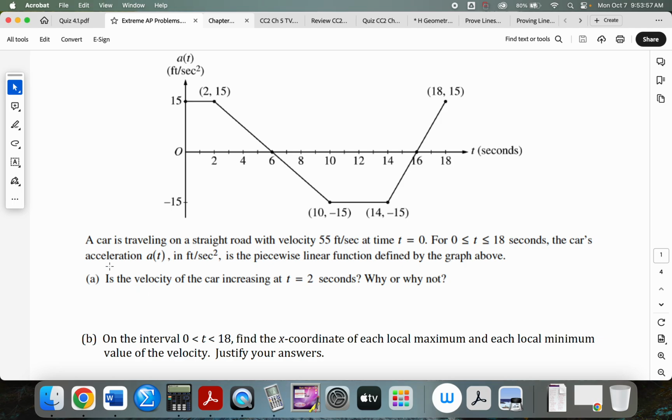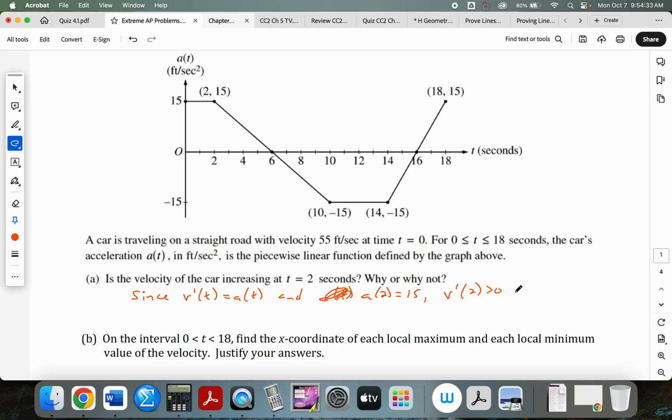So since v prime of t is equal to a of t, and a of 2 is equal to 15, v prime of 2 is positive, and therefore the velocity is increasing.